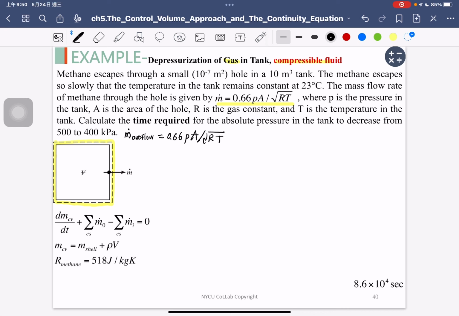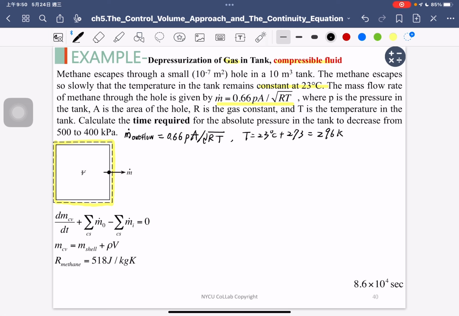And here, the question says the temperature is constant. So we know that the T here is 33 degrees plus 273, so it will equal 296 Kelvin.